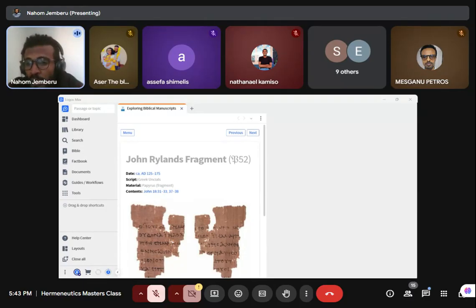It's from the Gospel of John, and it consists of John 18 verses 31 through 33 and verses 37 through 38. So this is one manuscript that we have. As you can see, it's very fragmented, and it only has 4 verses in it. It is the earliest manuscript we have, dated to the 2nd century, from 125 to 175 AD. So it probably is a copy of a copy of a copy.